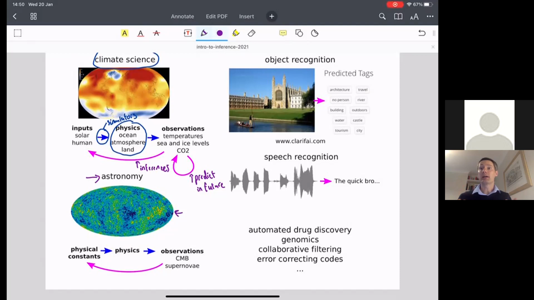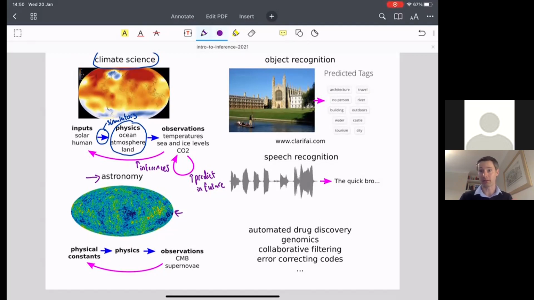And ideally, what we might like to do in physical applications is to take measurements of things like supernovae frequency and cosmic microwave background radiation throughout the observable universe and invert those measurements, combining them with the knowledge of physics that we have in order to estimate what the unknown physical constants are.